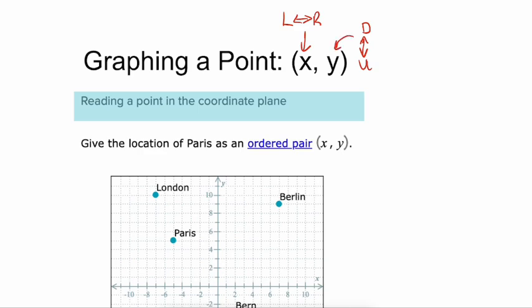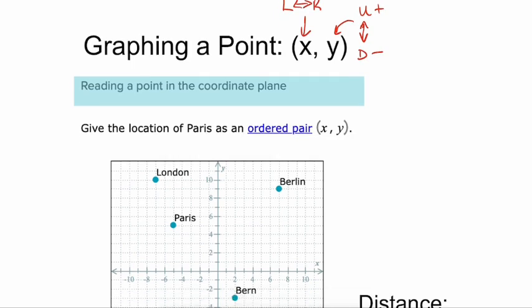So your x's go left or right. The left is negative and the right is positive. Did you see the way I labeled up and down? Ooh, I'm having a day. How about up and down? Up is positive, down is negative.